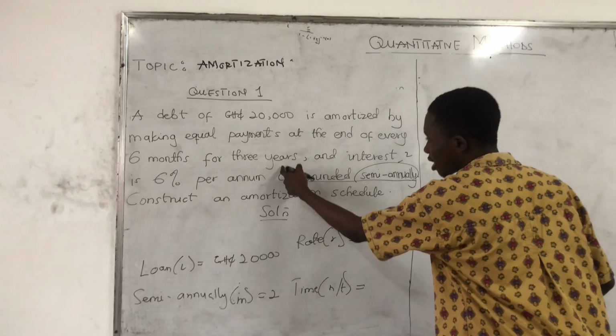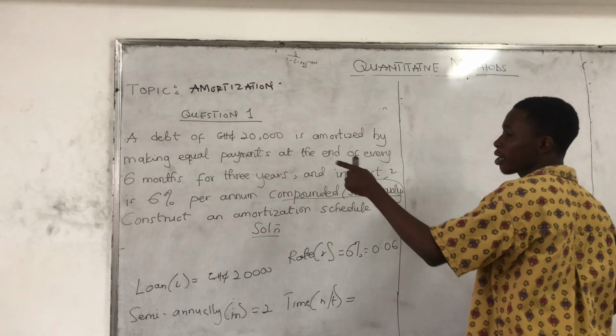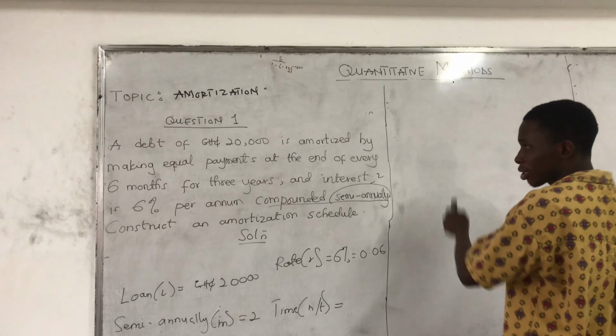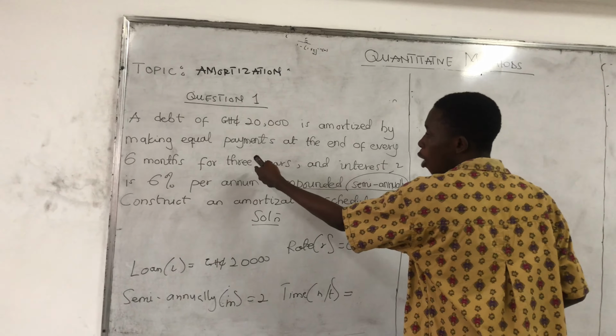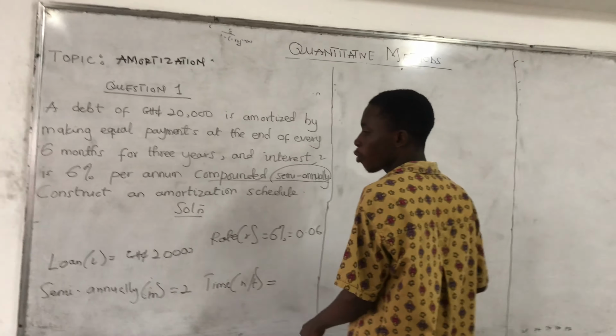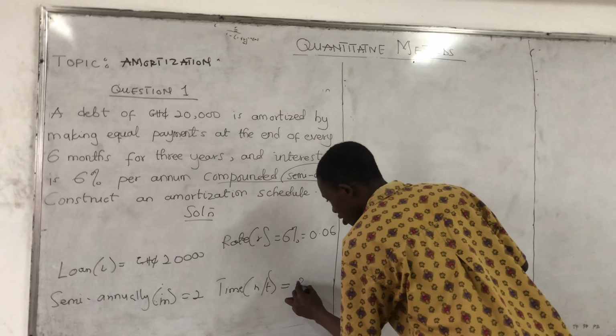It is given as 3 years, but not 6 months. We use the one with the months to calculate the amortization schedule. Then we use the number of years to calculate the amortization formula. So this is 3.